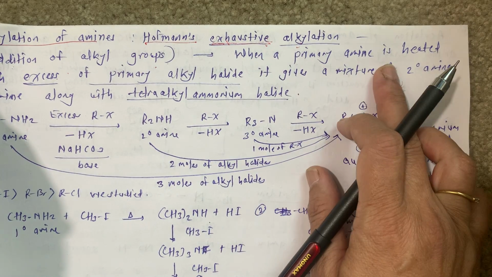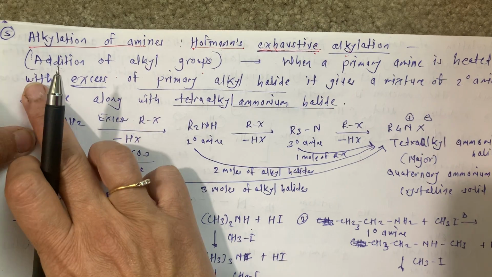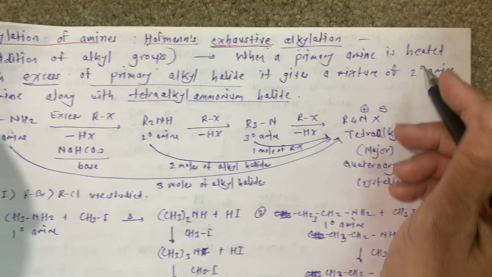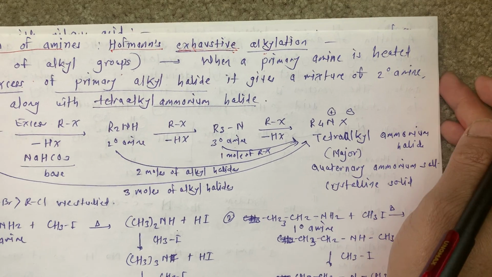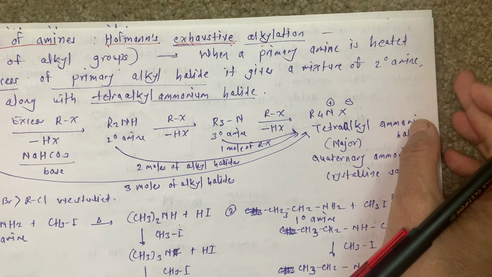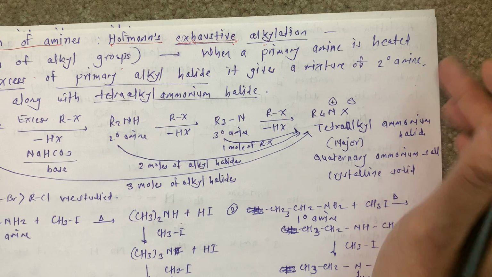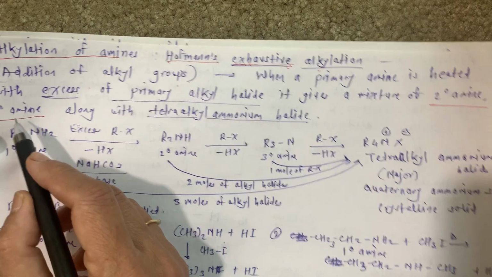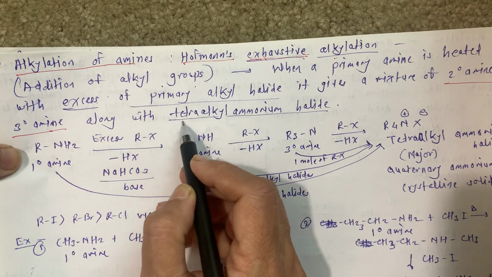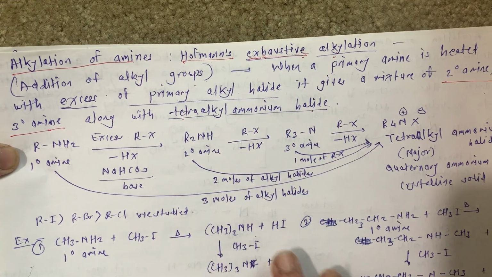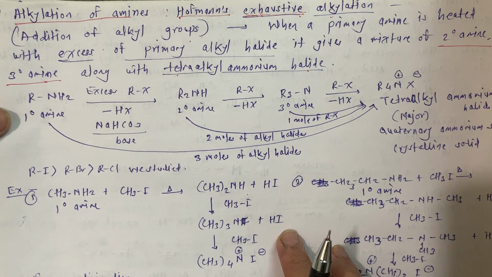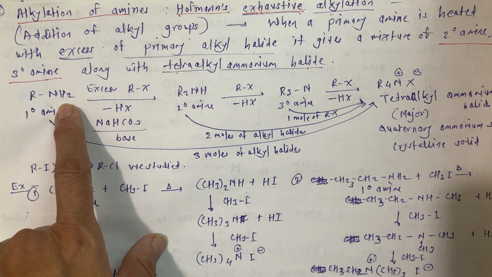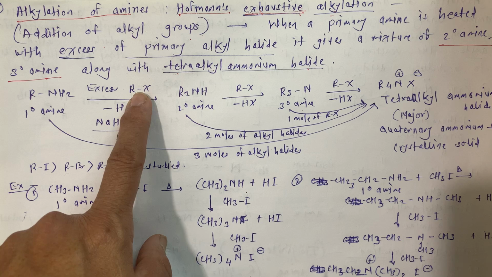When a primary amine is heated with excess of primary alkyl halide, it gives a mixture of secondary amine, tertiary amine, along with tetraalkyl ammonium halide. So this is our primary amine reacting with excess RX, alkyl halide.